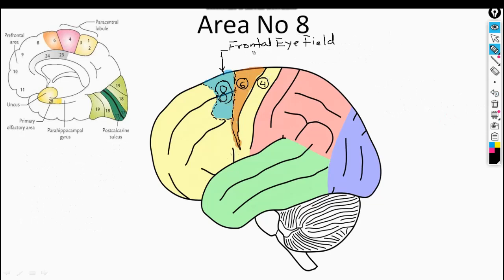Area number 8. Brodmann's area number 8 is also known as the frontal eye field area. We can see it here, anterior to area number 6, on the superior medial aspect, and it has an extension on the medial aspect.